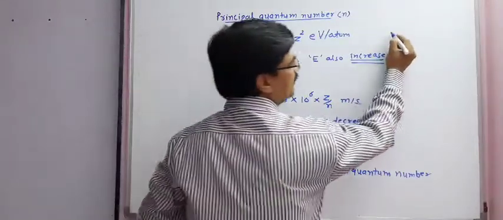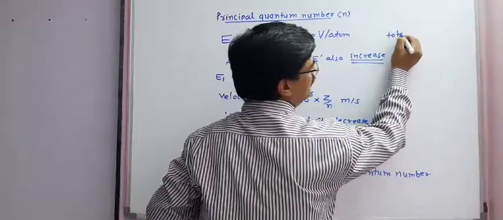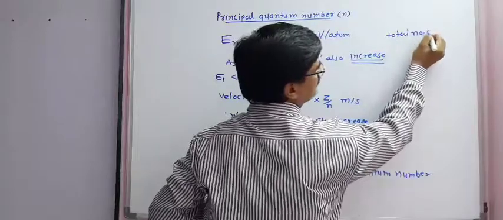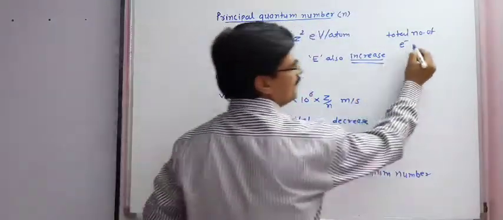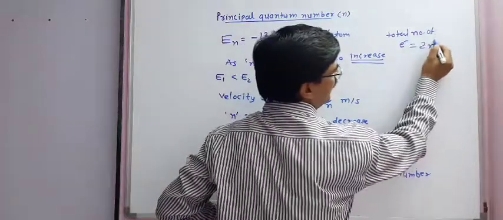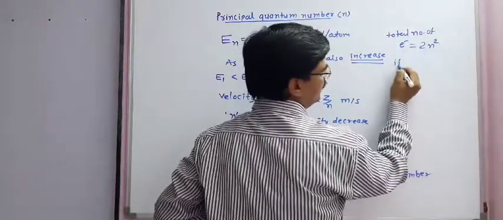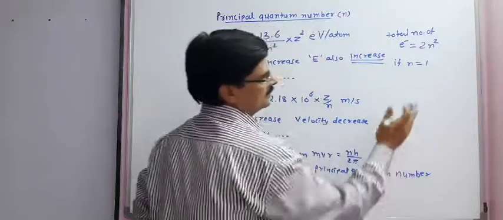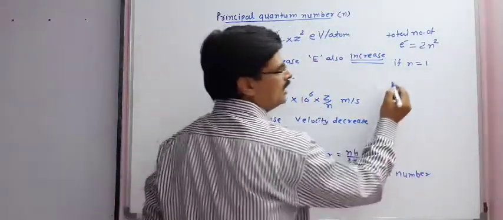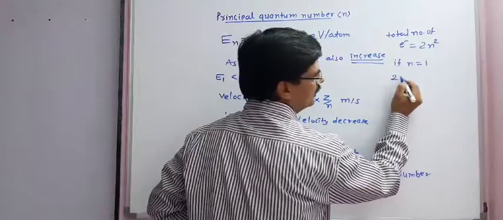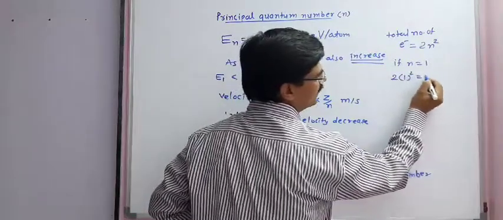Now, we can find out the total number of electrons by using formula 2n square. If n is equal to 1, then total number of electrons are 2 into 1 square, that is 2.